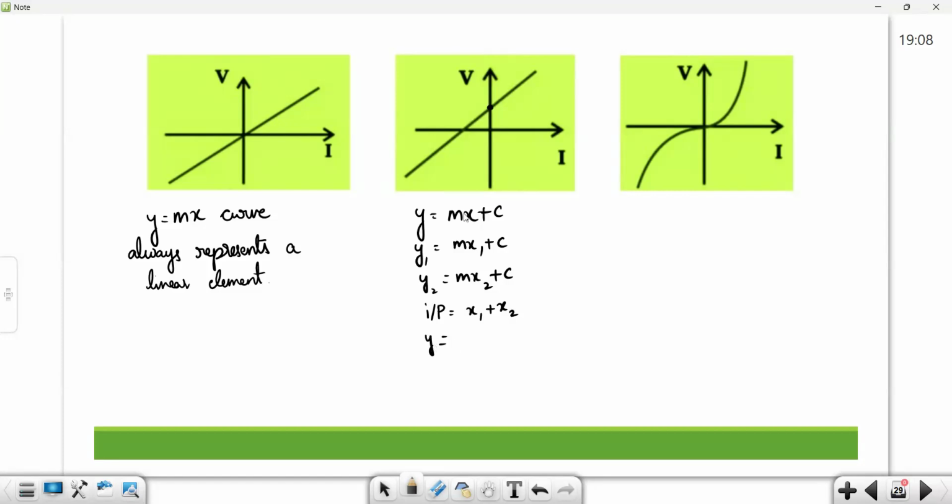Overall output means y is equal to mx plus c, right? Now m into, what is the input? Two inputs are there, x1 plus x2, so m into x1 plus x2, and here you multiply with the homogeneity constants a1, a2. I'll erase and I'll write y.